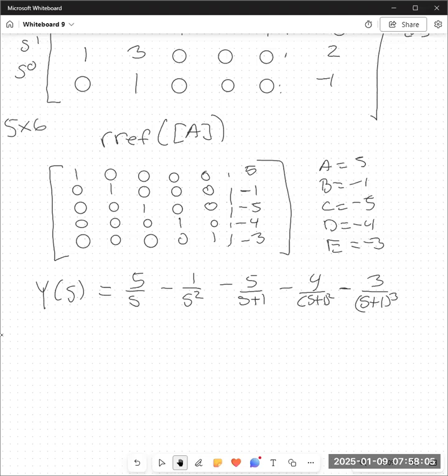The only one that's going to need a little bit of adjustment is going to be that last one, that I need a 2 factorial in the top here and a 1 over 2 factorial here.